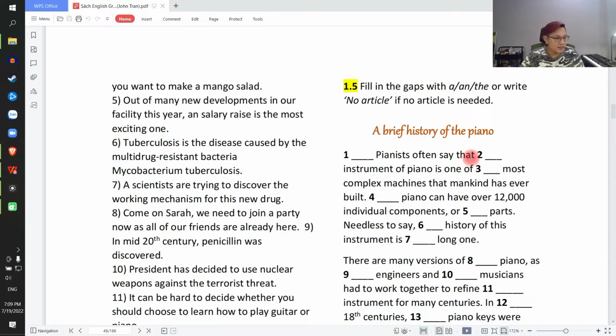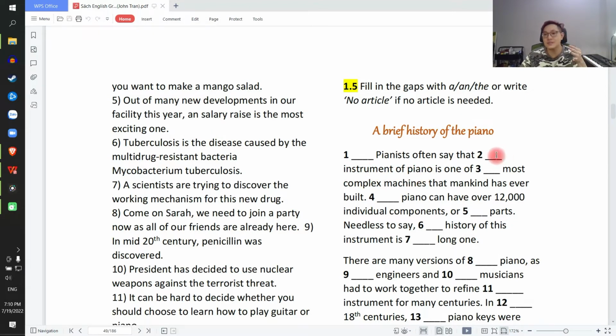Pianists often say that the instrument of piano is one of the most complex machines that mankind has ever built. So we want to talk specifically about what instrument, the instrument of piano.